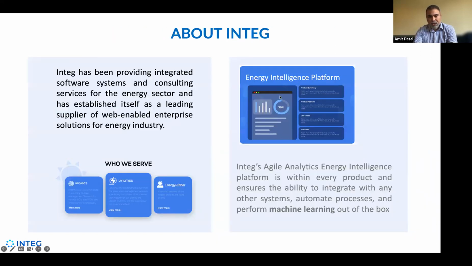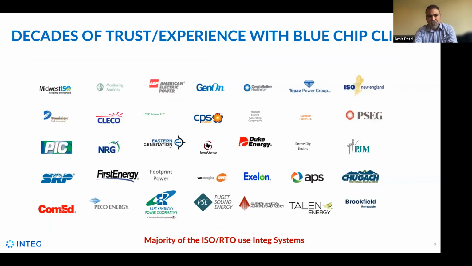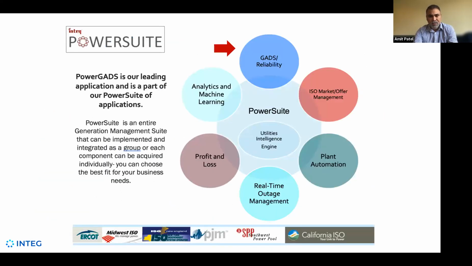For utilities, we work on something called an energy intelligence platform, which we use for a lot of the solutions as well. We've got a huge roster of blue chip clients. Also, a majority of the ISOs and RTOs use our systems. And we also have systems in various generation and other areas throughout the US and multiple ISOs.